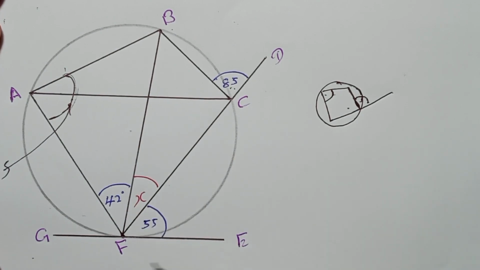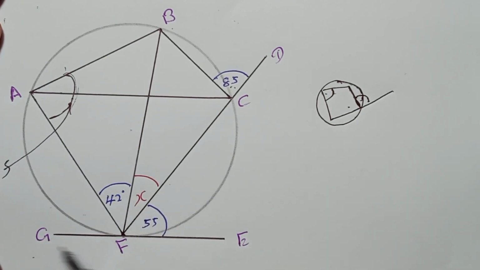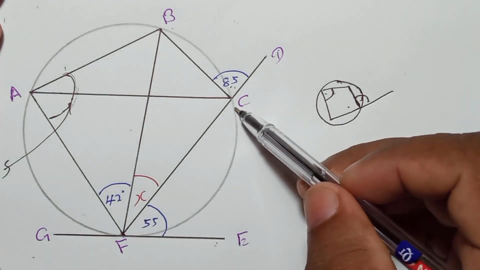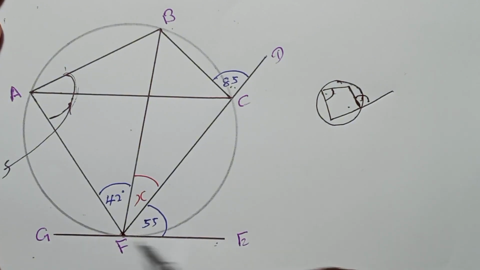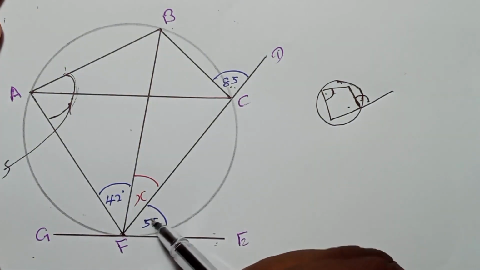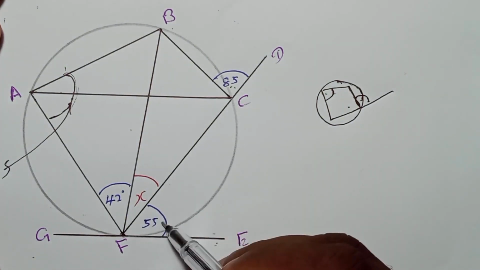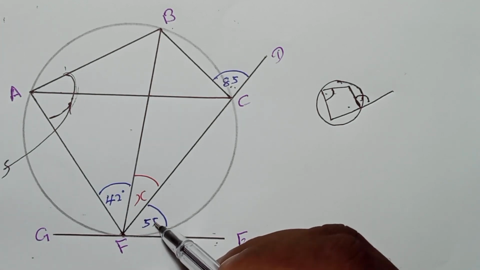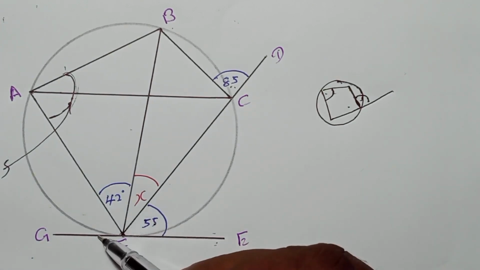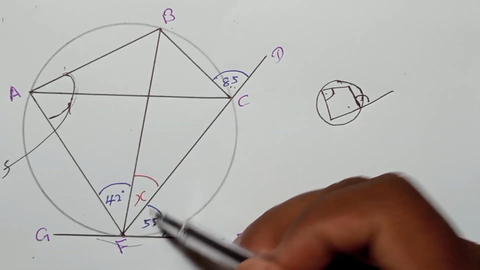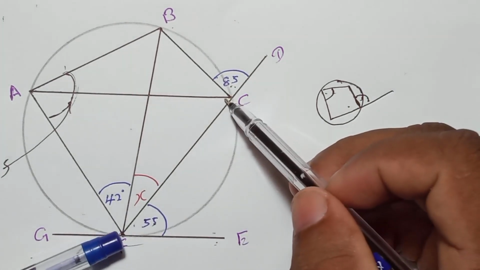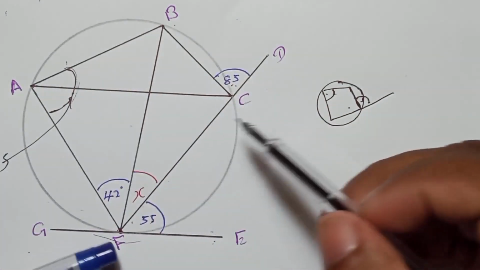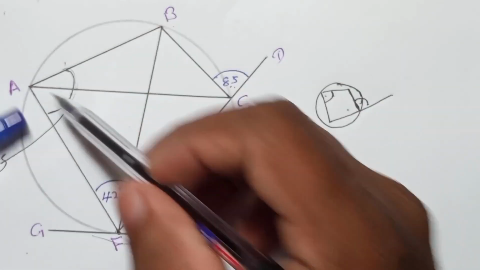And not only that, now they tell you GE is a tangent, and this is the chord, right? FC is a chord. Now we know the angle between the tangent and the chord will be equal to the angle that the chord subtends at the circumference, like this.